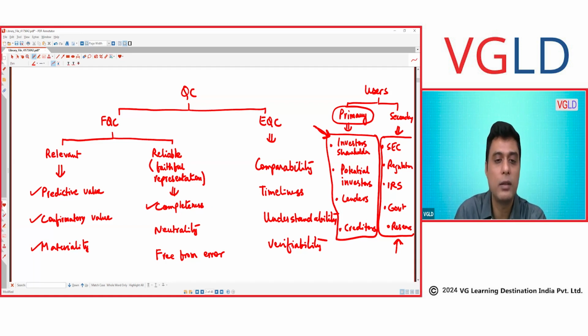Neutrality means, if I prepare the financials, it will look something different, and if you prepare it, it will look something different. That should not happen. Whether I prepare or you prepare, it should be the same, because ultimately it should faithfully represent what has actually happened. As long as we know the rules, as long as we know US GAAP, which is a given, that whoever is preparing knows US GAAP.